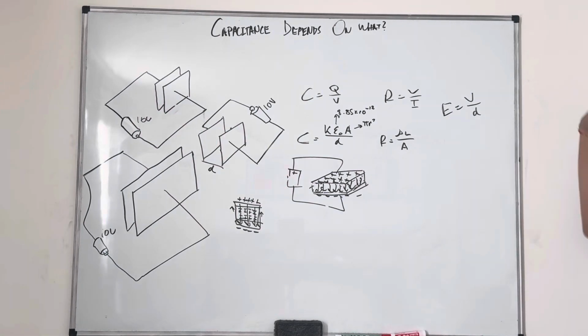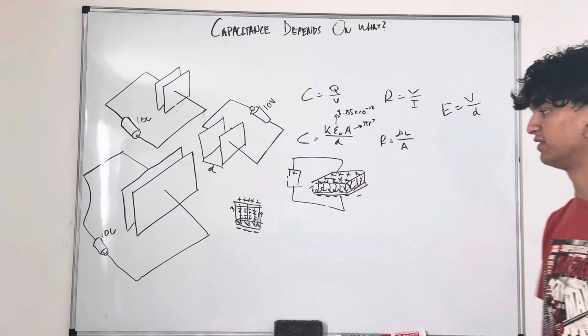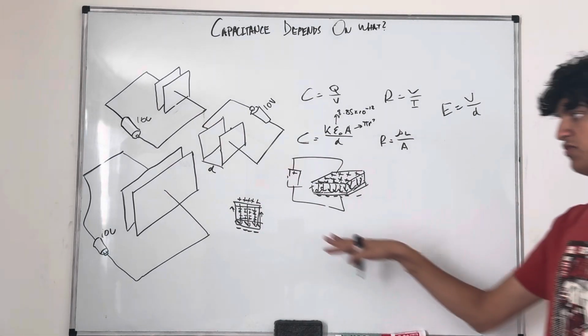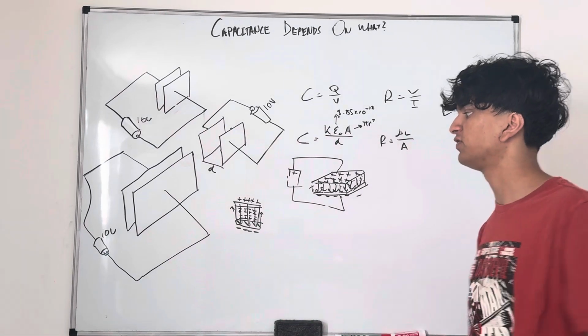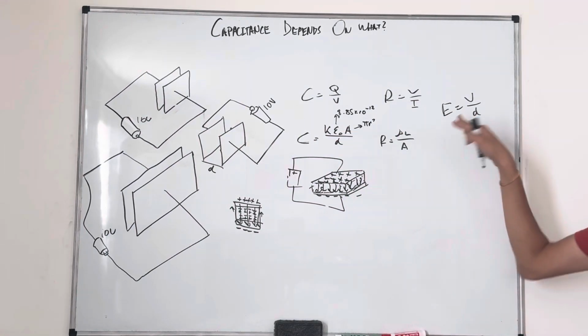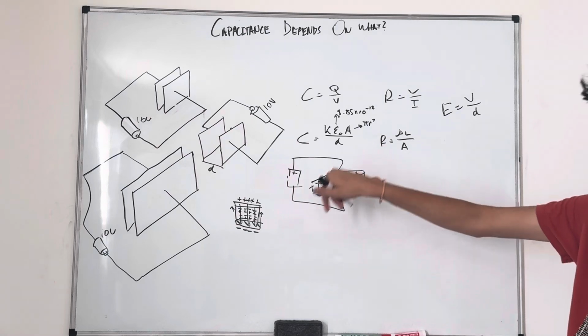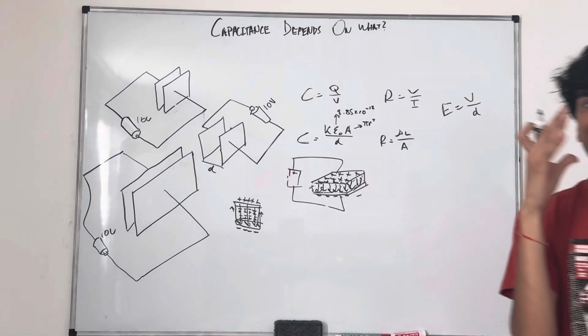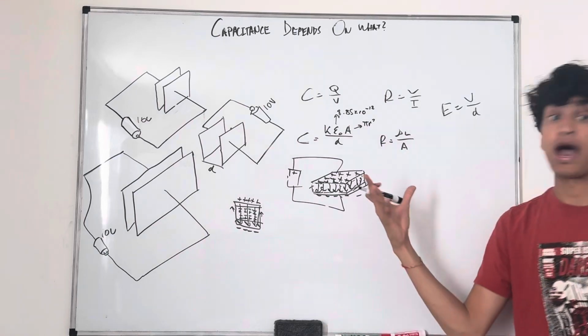So my net electric field has to stay the same between these parallel plates. So if there's an upwards electric field, there needs to be a greater downwards electric field so that the net stays the same. Hence, you get more charge on the capacitor. Hence, the capacitance gets bigger.